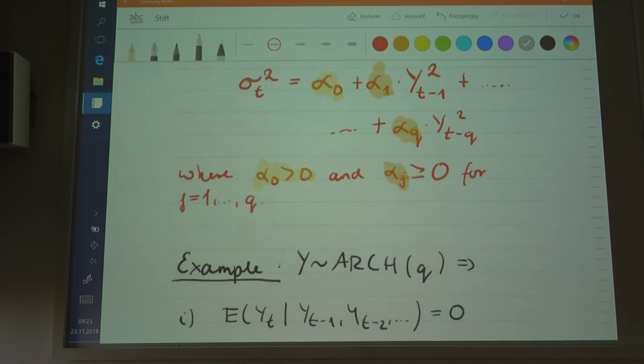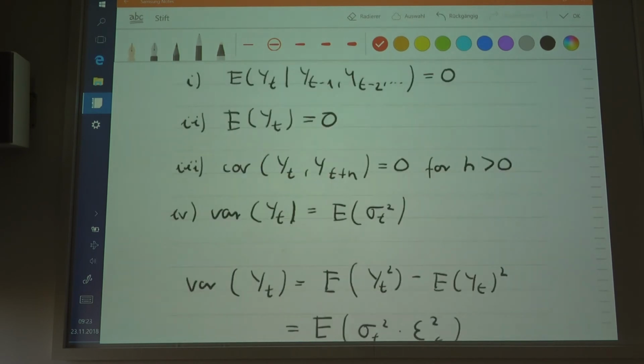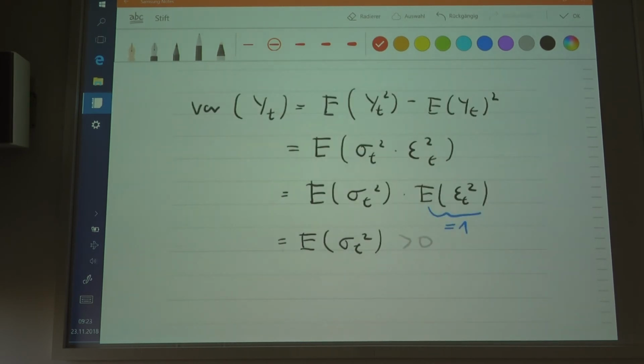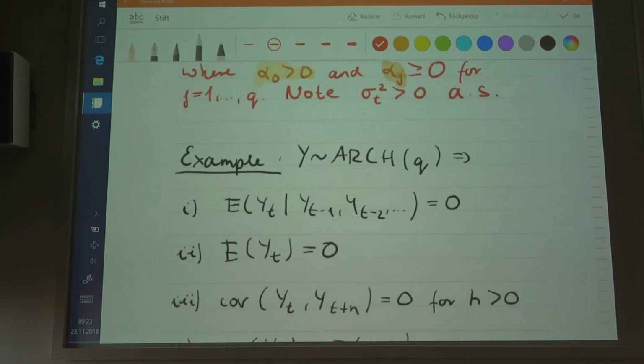So these are conditions that ensure, and I will add this here, that sigma squared is always greater than 0 almost surely, meaning with probability 1. Then of course the expectation of that will also be greater than 0, without any doubt.